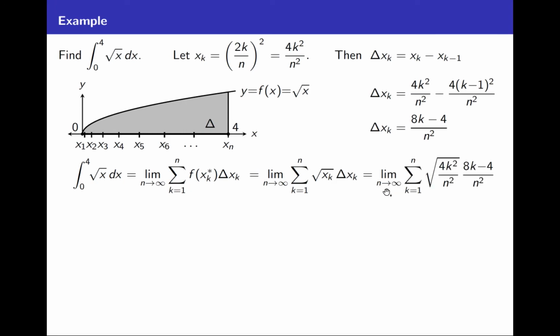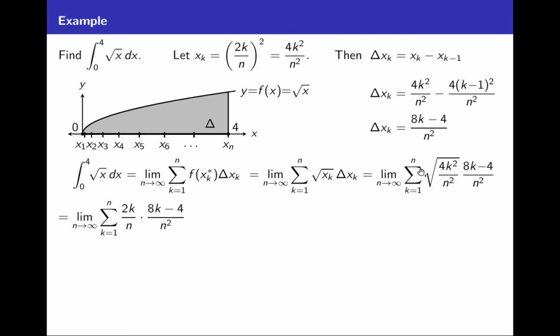So we get the limit as n goes to infinity, sum from k equals 1 to n of the square root of x sub k, which is the square root of 4k squared over n squared. And this is all times delta x sub k. And remember, delta x sub k is 8k minus 4 over n squared. So we put that there.